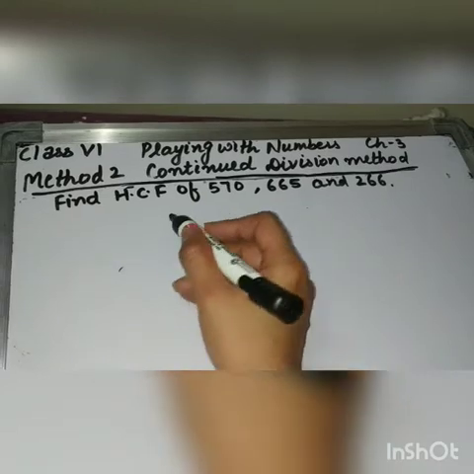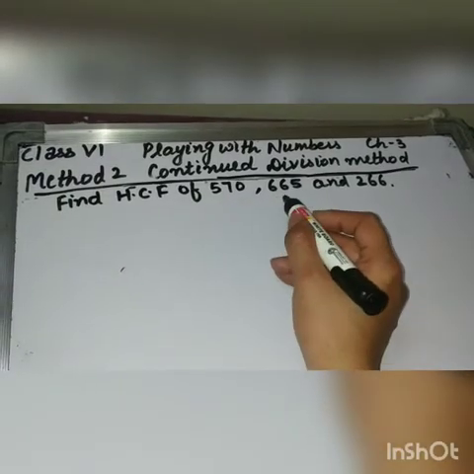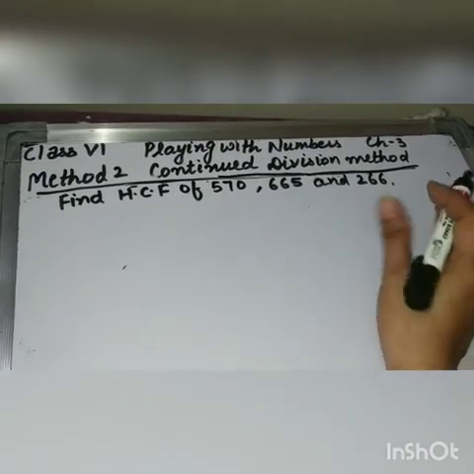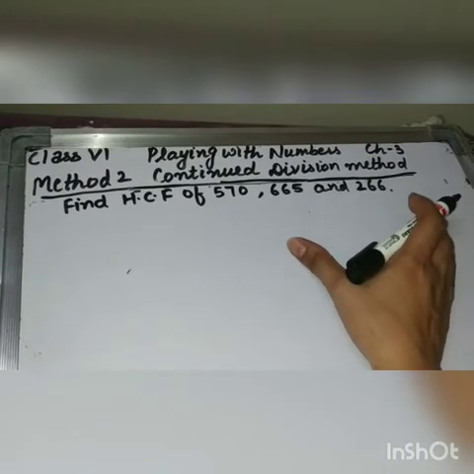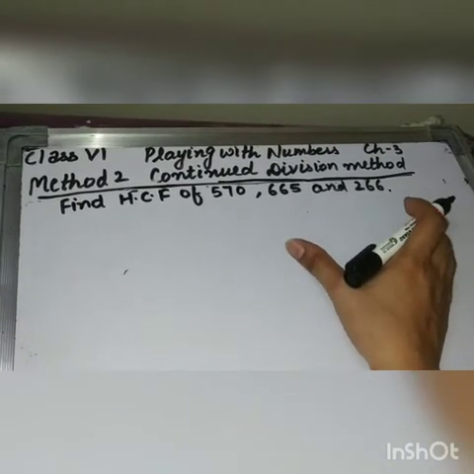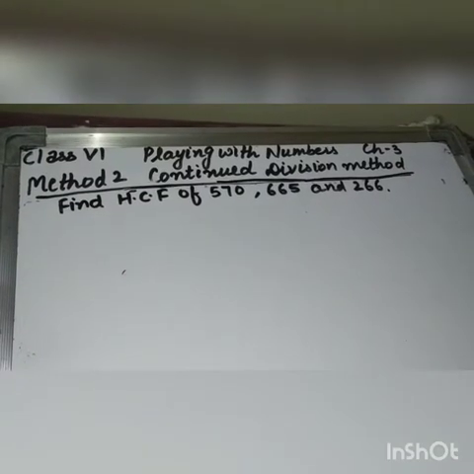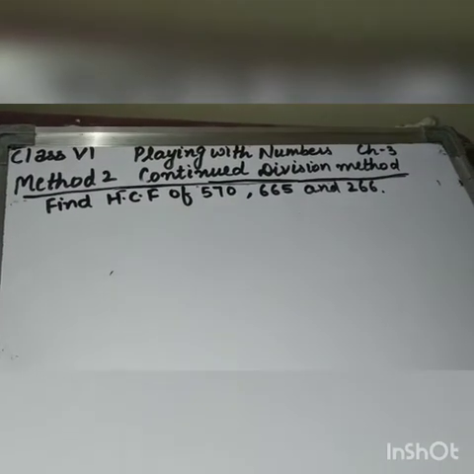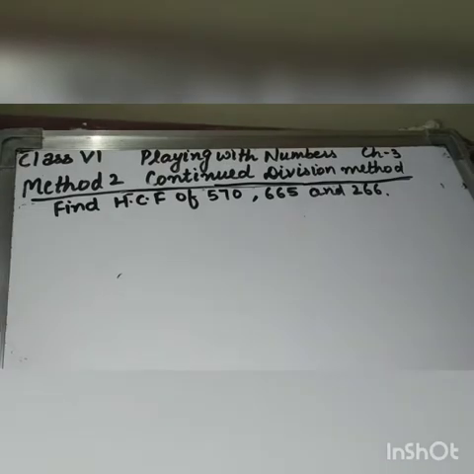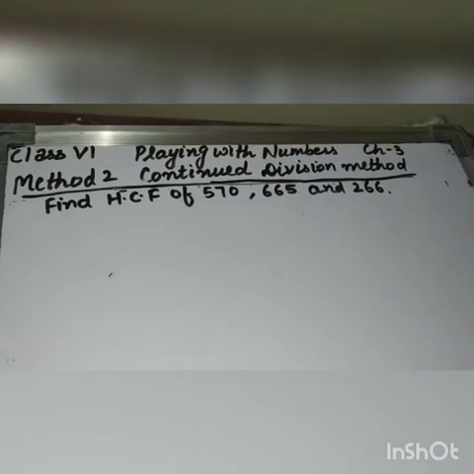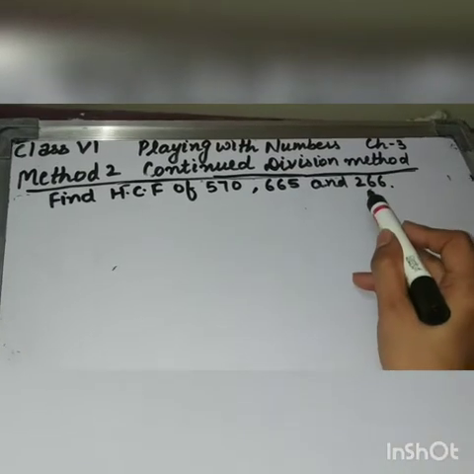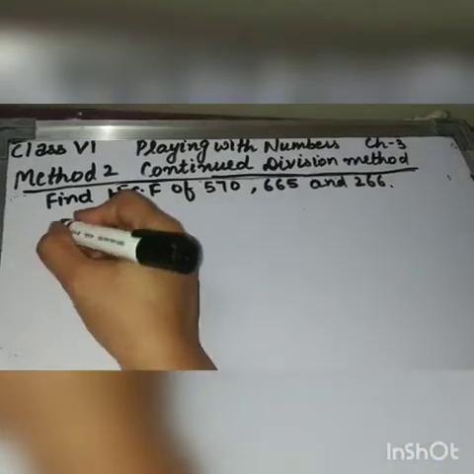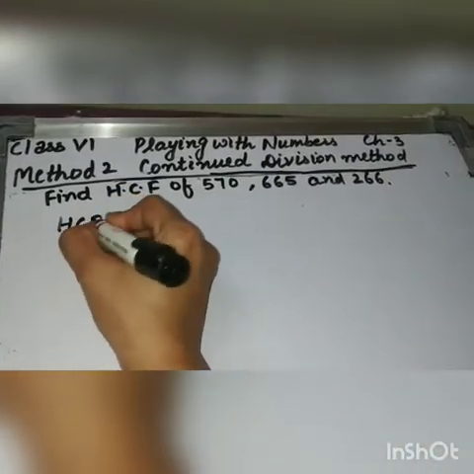Example: I have to find the HCF of 570, 665 and 266 by the continued division method. In case there are three numbers and you have to find the HCF by the continued division method, firstly you take any two numbers and find their HCF. I am taking 570 and 266 first.